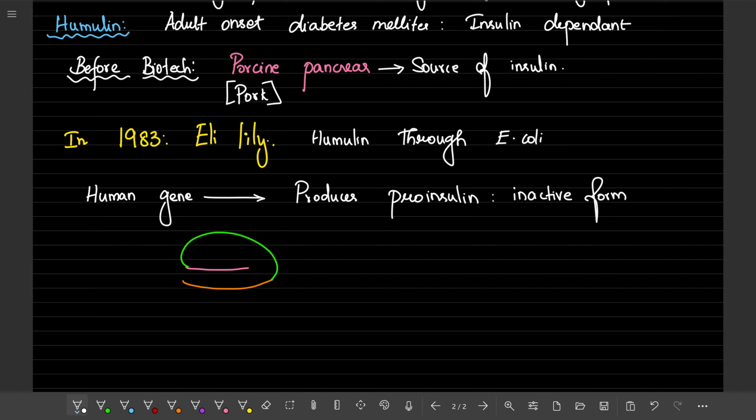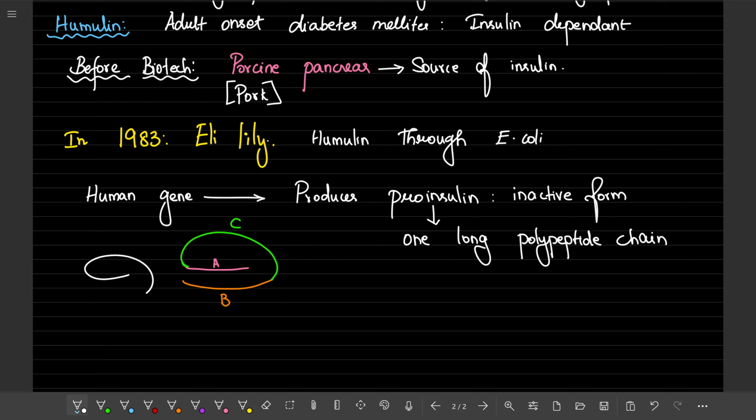So inactive proinsulin is just one long polypeptide chain. Please listen, one long polypeptide chain. Even though there are two different chains A and B present, they are only separated if you remove C. There is an A chain, the B chain, and then the C chain. As long as C is connecting these two, isn't this just one whole protein?